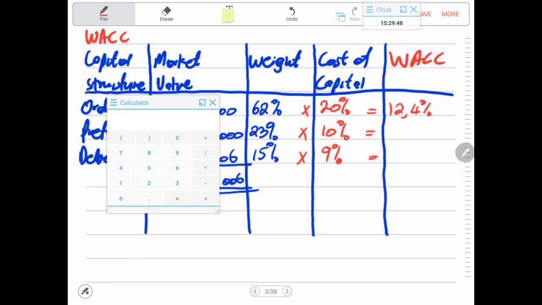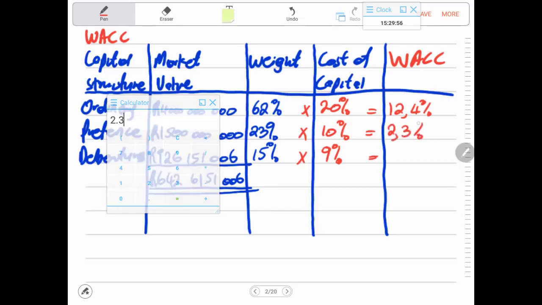Yes, 12.4%. 0.10 times this by 23. It is 2.3%. Then we have 0.15, 15% times by 9. It doesn't matter which one you change into a decimal. 1.35%. Just change one of them to be a decimal.